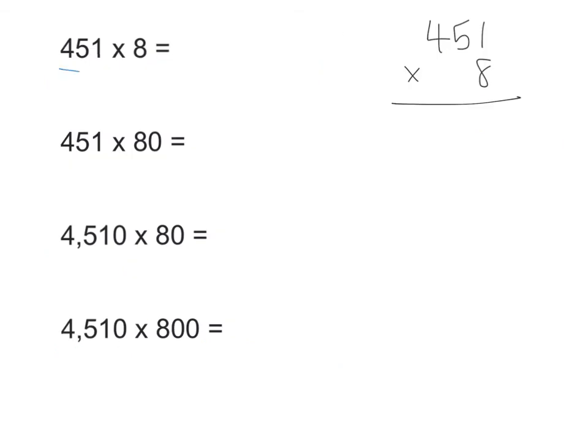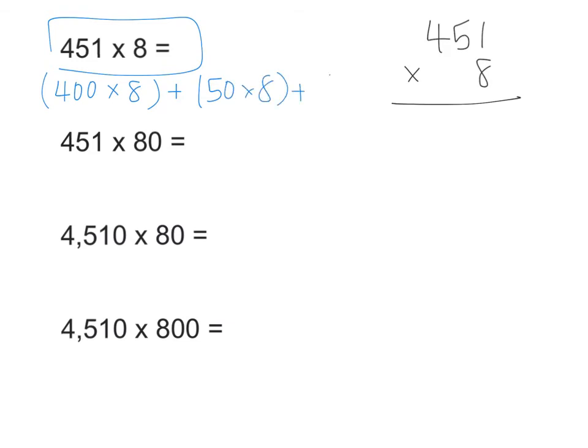Is there anything we can do to make this easier to solve? Sonia? So you're going to do 400 times 8 plus 50 times 8 plus 1 times 8, huh? What property did Sonia use to be able to do that? Talk about it with your table group. Okay, what property did Sonia use?